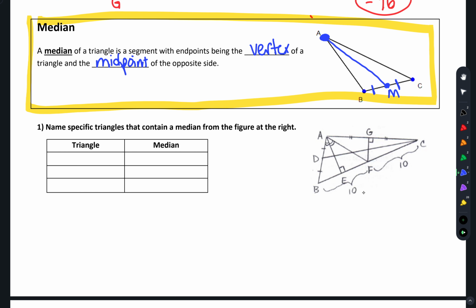In number 1, it says name specific triangles that contain a median from this figure. Can somebody give me one example of a median? There's a bunch of them in here. You're looking in this diagram for where two pieces of one side are congruent. What if I start you off and I give you one of them?